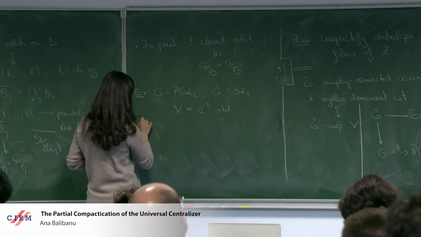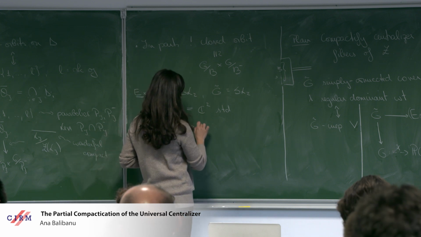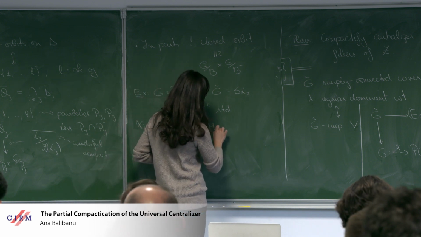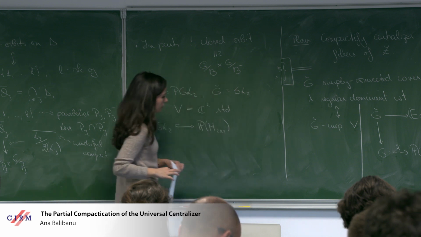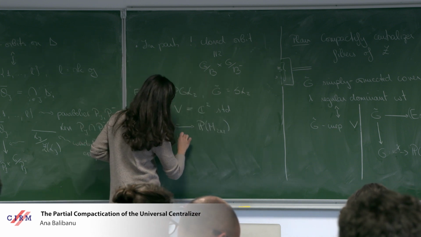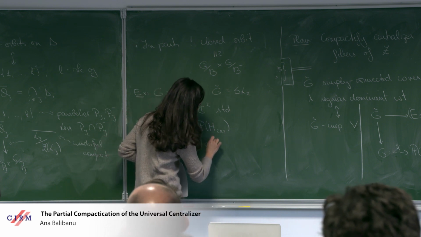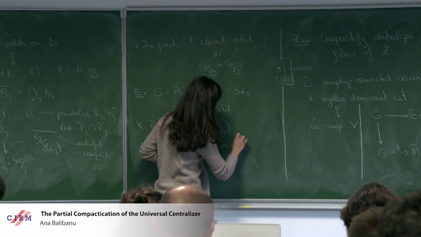And then the map chi is the embedding of PGL2 into projectivized 2x2 matrices. And its image just consists of the matrices with non-zero determinant.